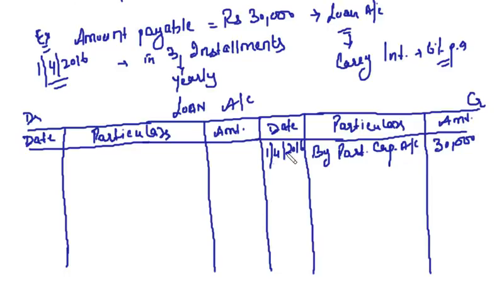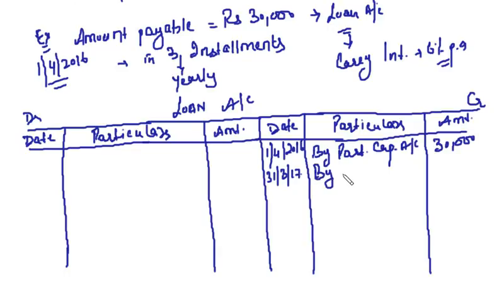Now you come at the year end 2017. Now the continuing partners have decided to pay the interest at the rate of 6%. Now 1 year has elapsed. From 1/4/2016, the balance in the loan account was 30,000. Now you are standing at the year end, you have to pay interest also.